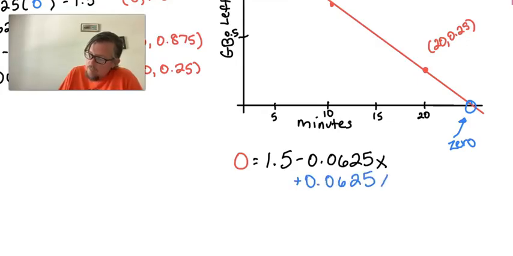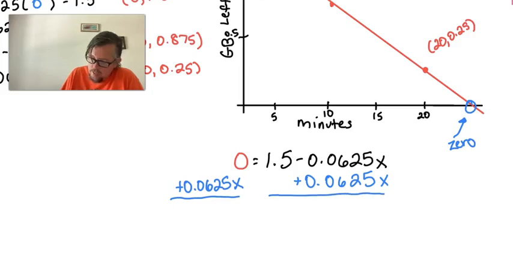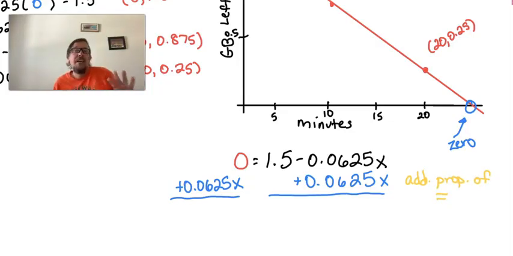The first reason is that using the addition property of equality will save me from dealing with negatives, which is always nice. The other reason is that I end up with my x on the left side, which is generally where we like it.